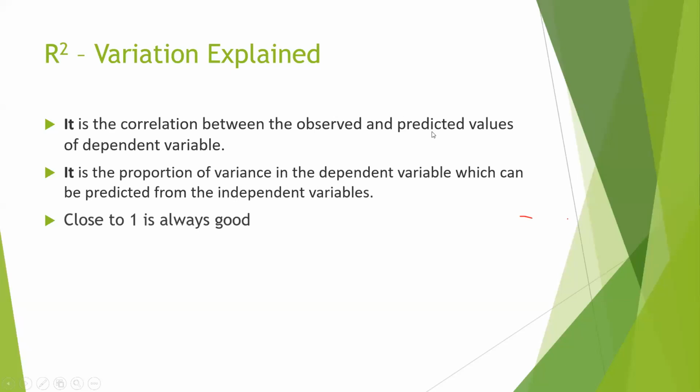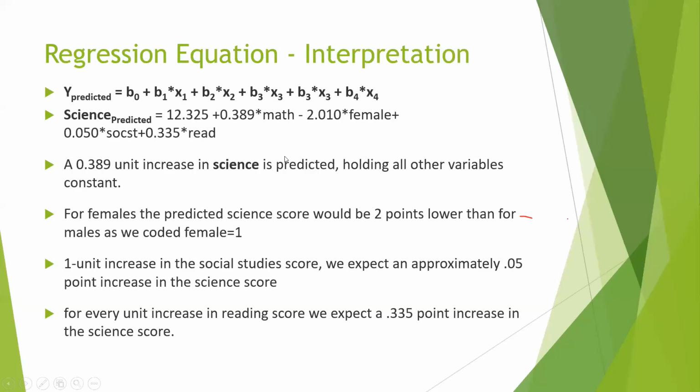Observed value and predicted value. Because it is a square, you will always have a positive value, you will not get a negative value. But close to 1 always means you have a very good model. So this is the slide after which I have to show interpretation after showing you the data.